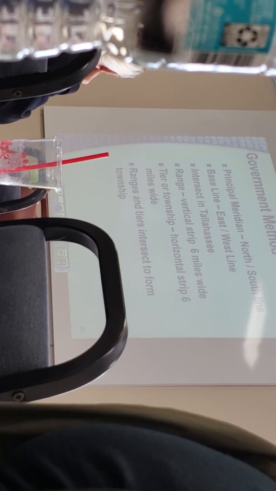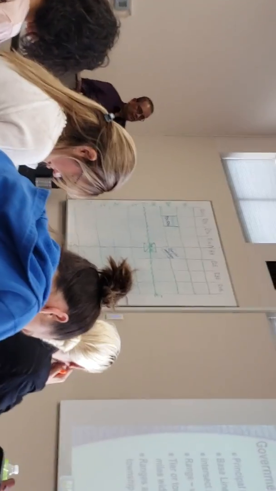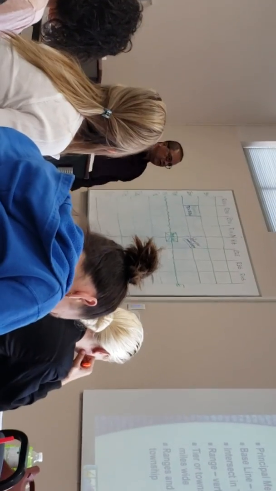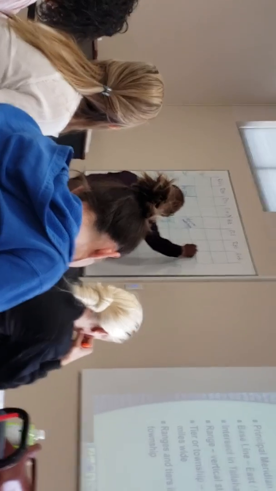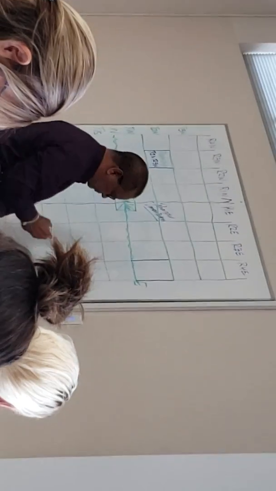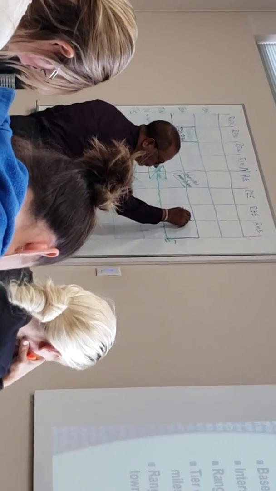But this is 6 miles square. So what are you starting with there? In every township, they decide to draw these imaginary north-south lines and east-west lines every mile.